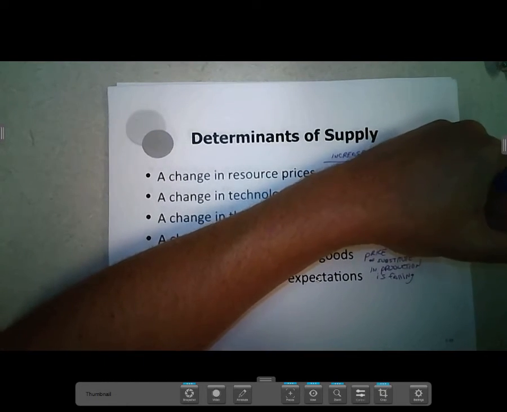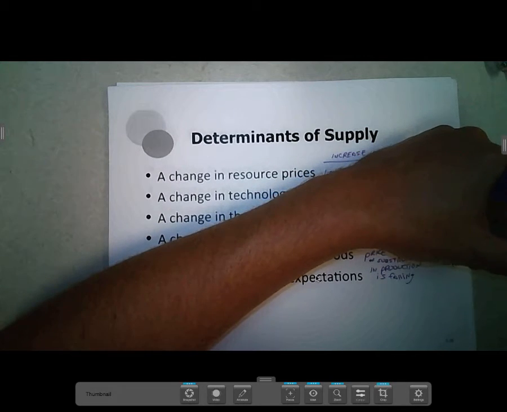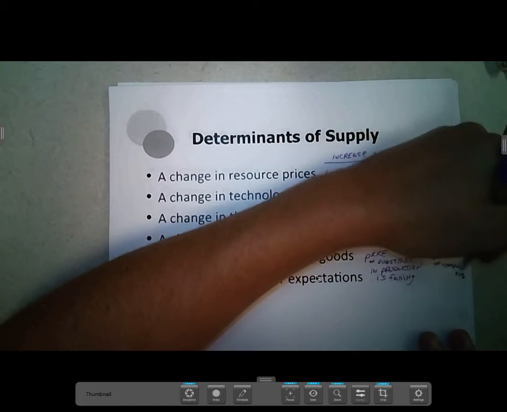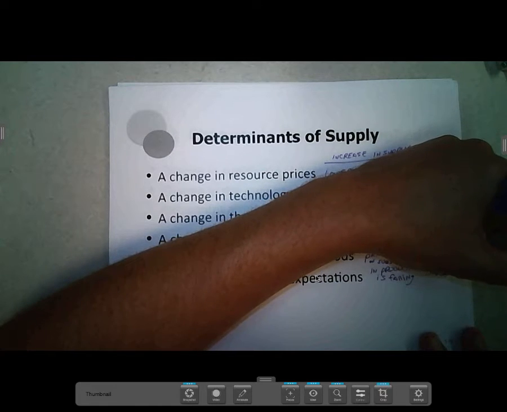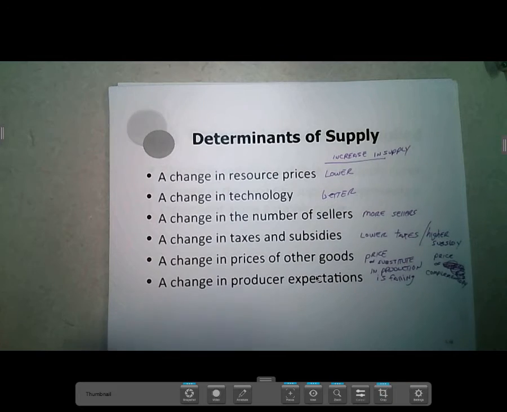We also have the complementary goods. When firms make some things, they make other things as a byproduct of it.